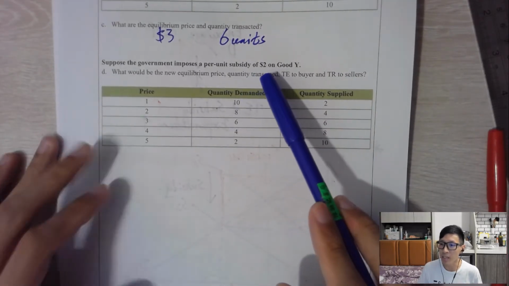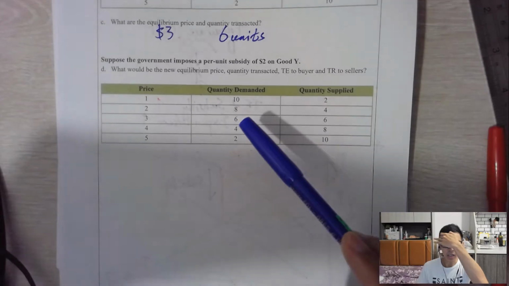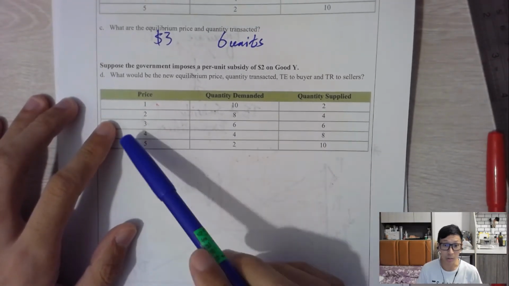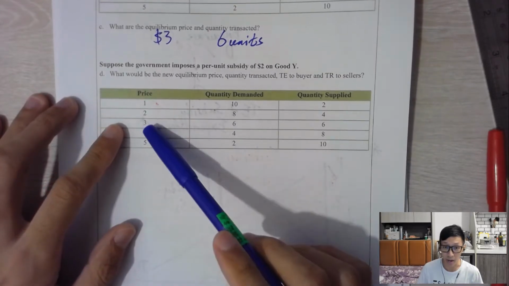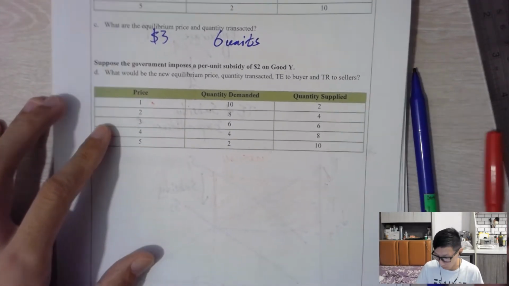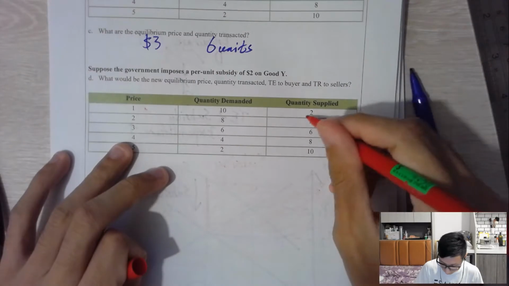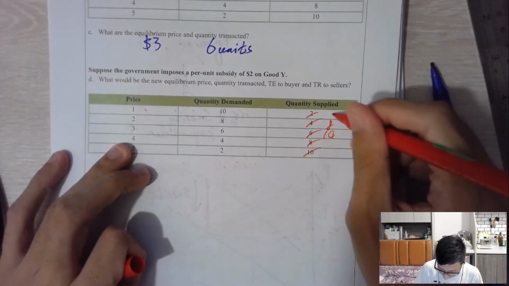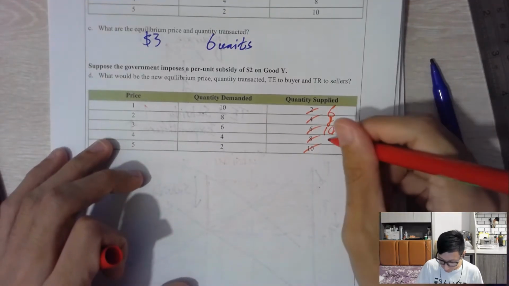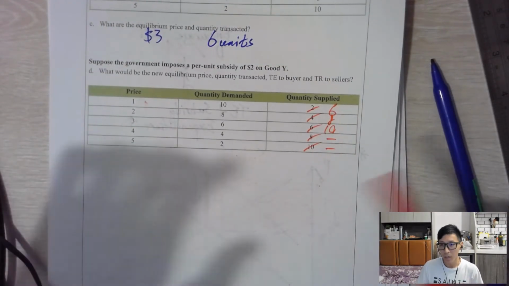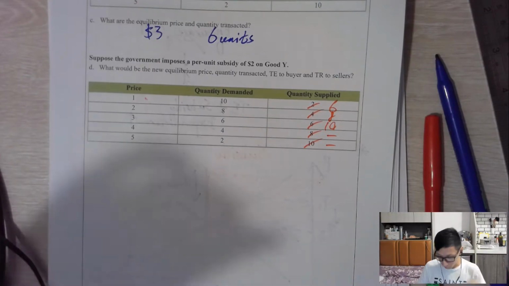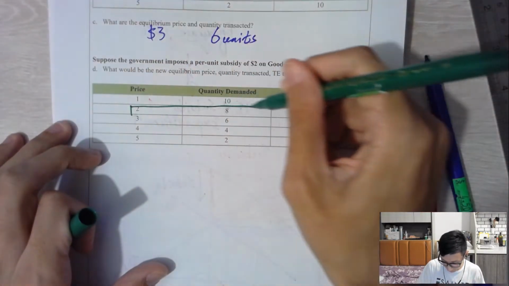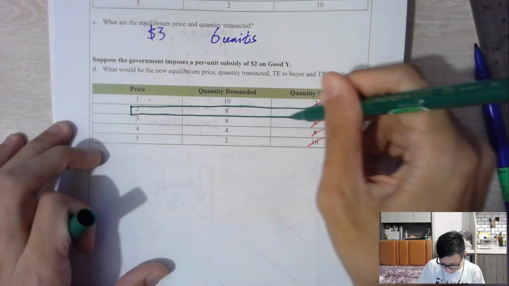Now the government gives me a $2 subsidy. Do I still need $5? No, I actually only need $3. At $3, I am already willing to sell 10 units. Therefore, this will be 10, 8, 6, etc. These two we do not know. So we know that the new equilibrium is actually here.